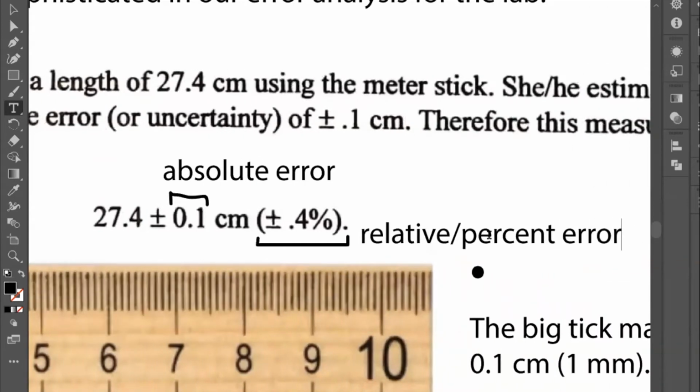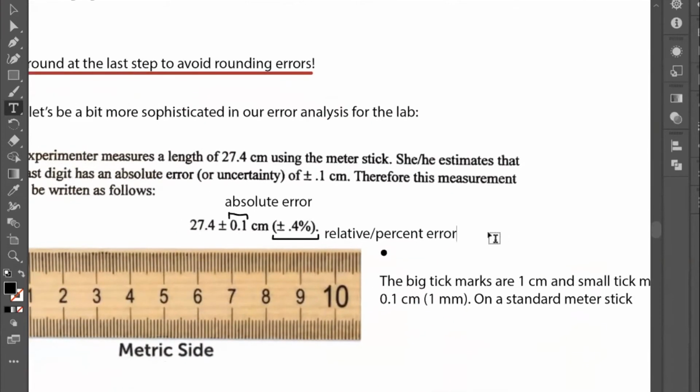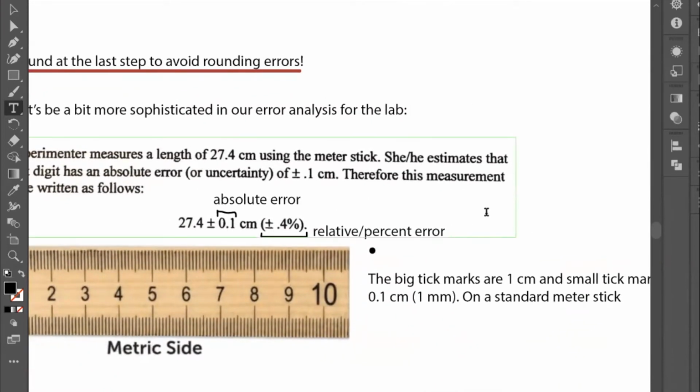You get the relative error by taking 0.01 centimeters and then dividing by 27.4 centimeters.